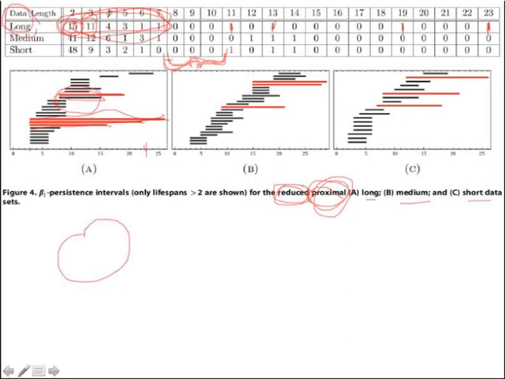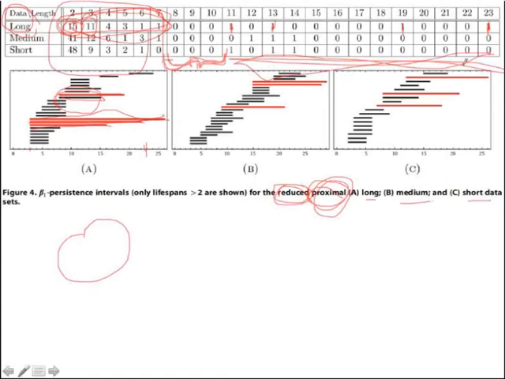So over here is considered noise for the medium, short, and long, and in this region are the persistent ones. Everything in red is what's considered persistent. For long, there are 4 persistent cycles. For medium and short, there are 3 persistent cycles.